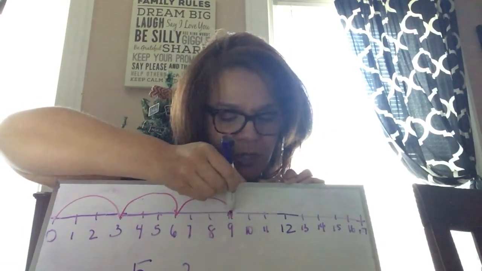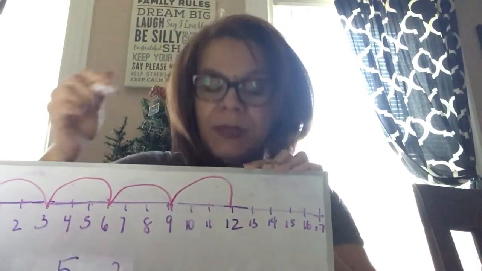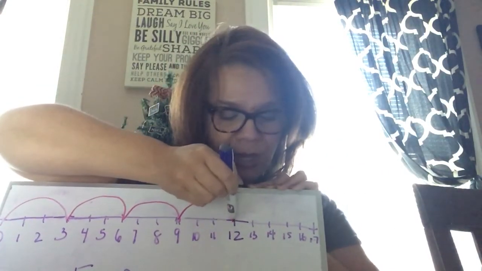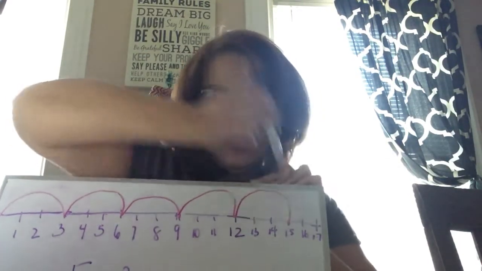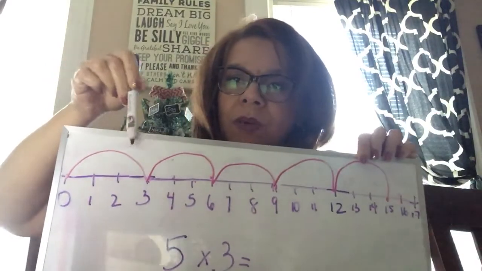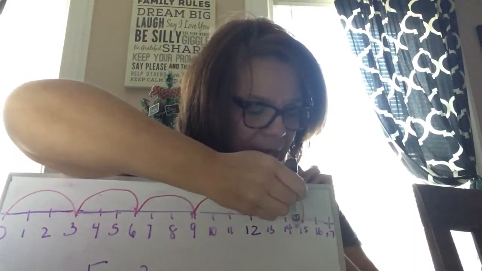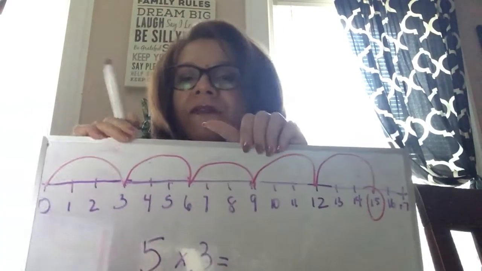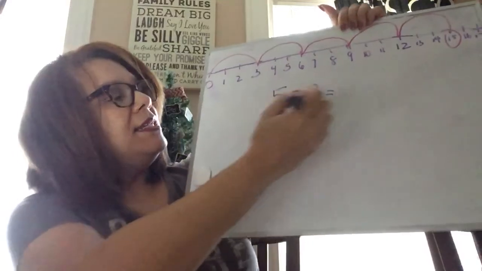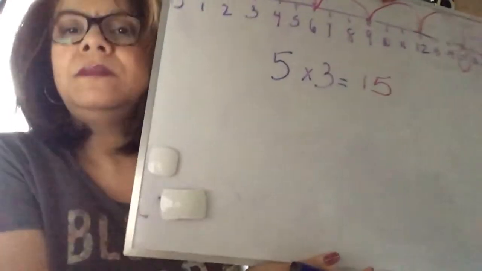From 9, 1, 2, 3, we land at 12. Those are 4 hops. From 12, we count 3 more, and we land here at 15. How many hops is that? 1, 2, 3, 4, 5. And we land at 15. So 5 times 3 is equal to 15.